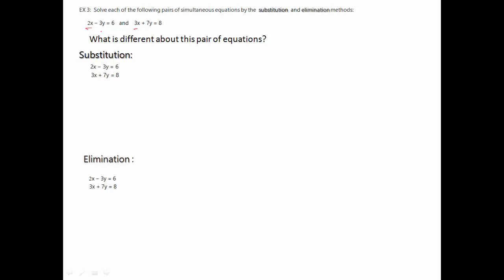If we say, okay, that's fine, let's look at the y's. One has negative 3y and one has 7y. So for neither the x's nor the y's can you just multiply one of the equations to get it ready for elimination. You need to multiply both. So that's a big hint for you.